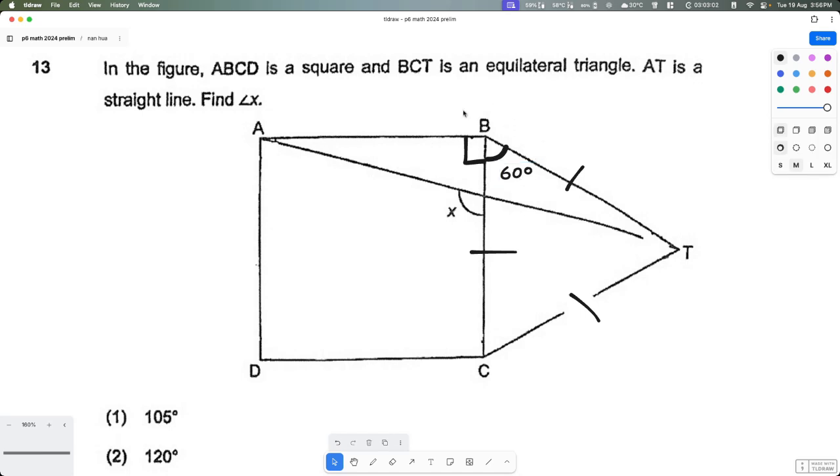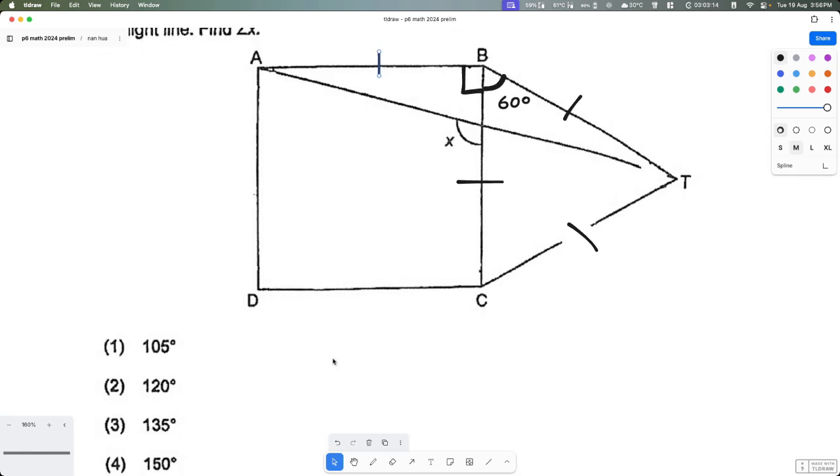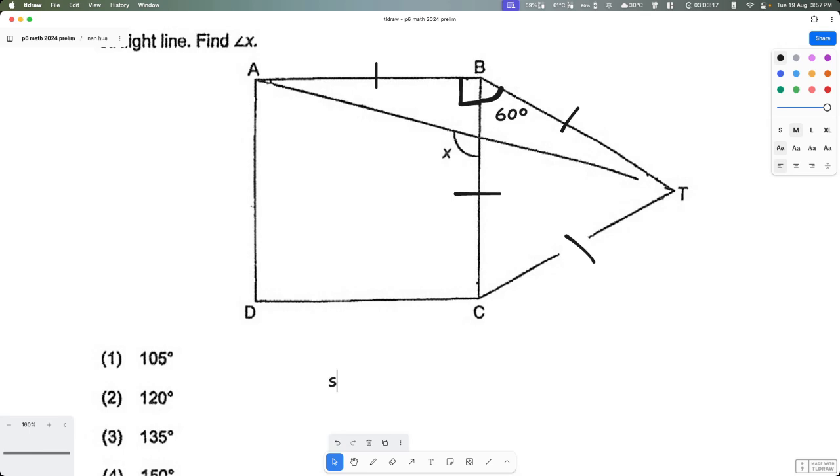Okay, and then this is an equilateral triangle. So since one side of the square is also the same as the triangle, that means this is also an isosceles triangle. Okay, so I'm going to write this down.